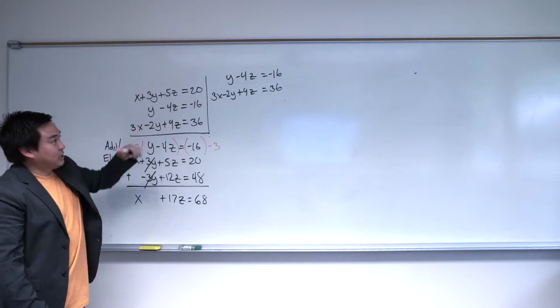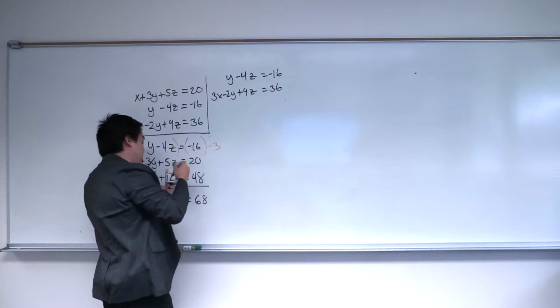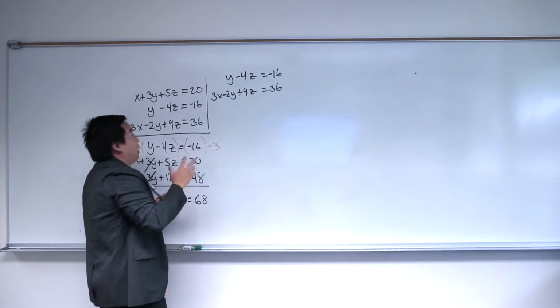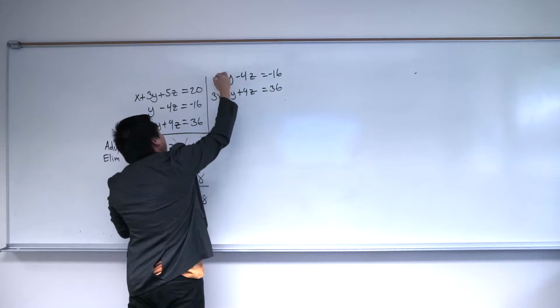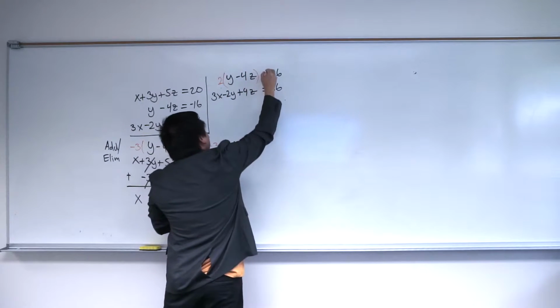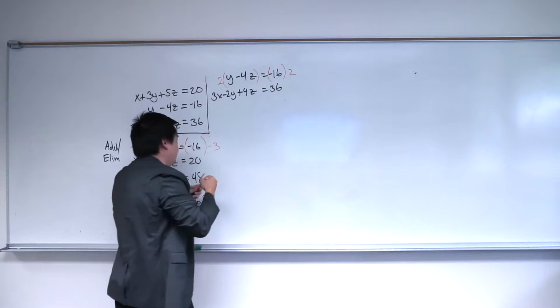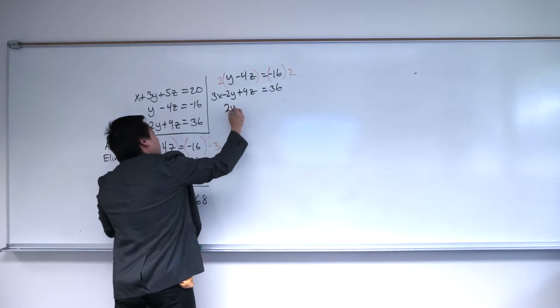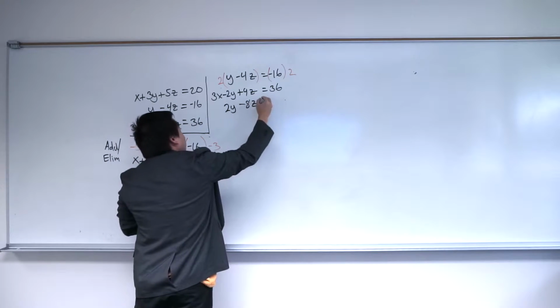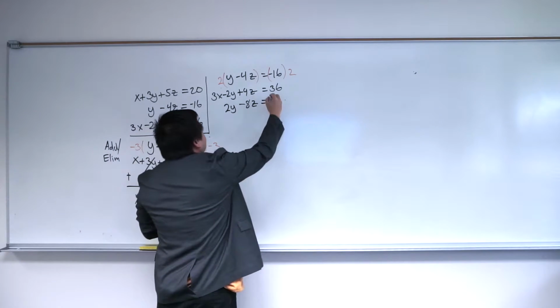Do it again on this side. We need a minus 2 here to make the number in front of y the same, but opposite sign. So what we get there is negative 2y plus 8z equals negative 32.